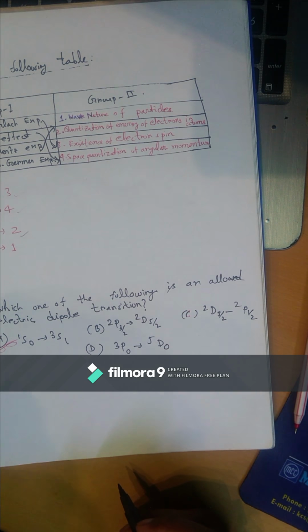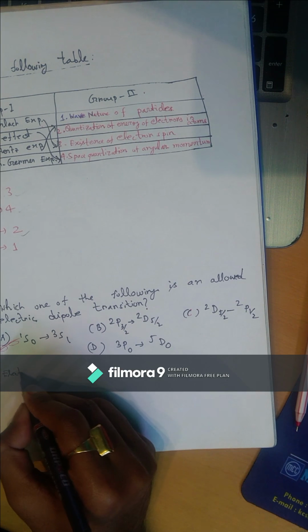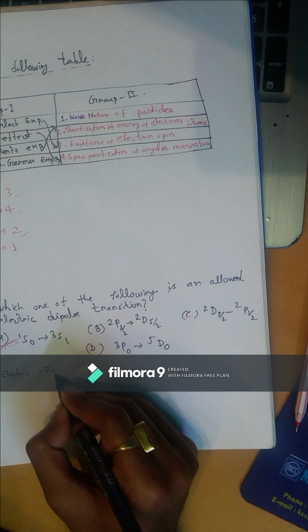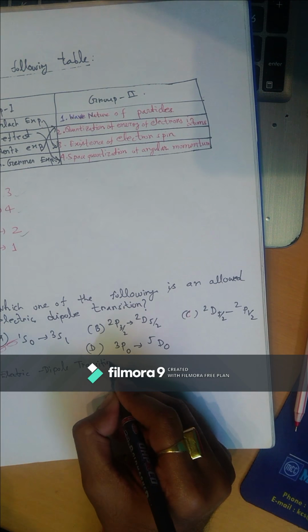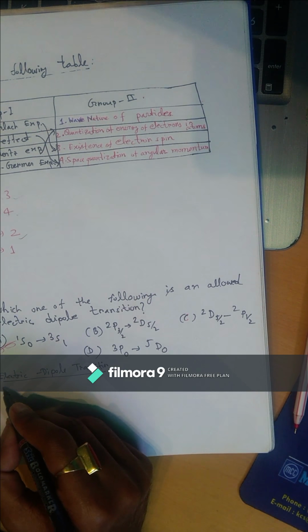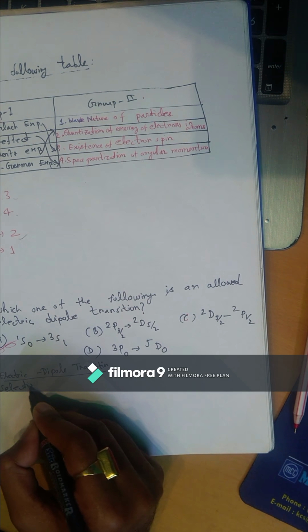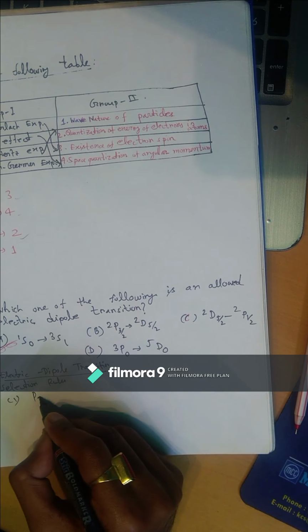Now we know that for electric dipole transition, some selection rules are, first of all, the parity must change.